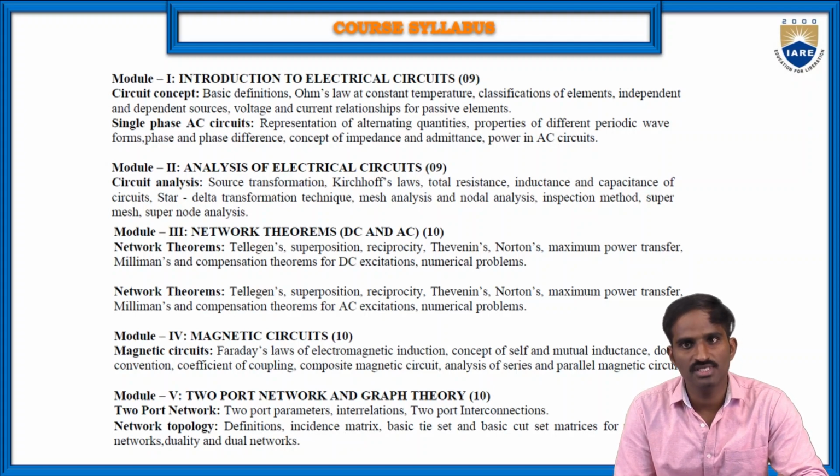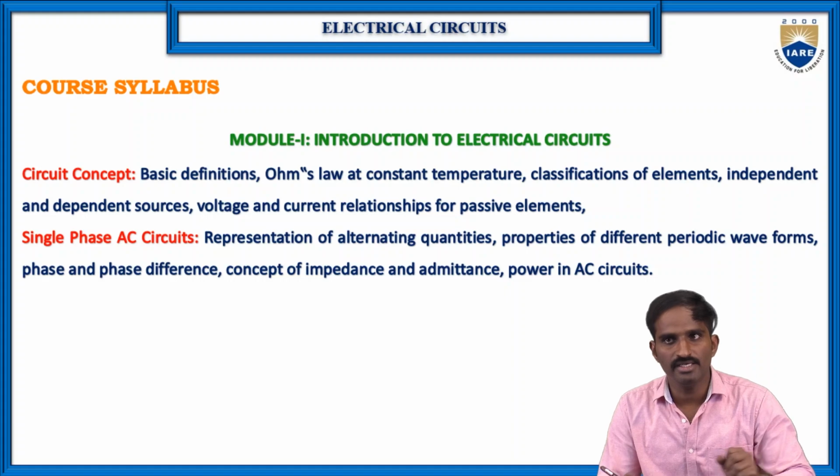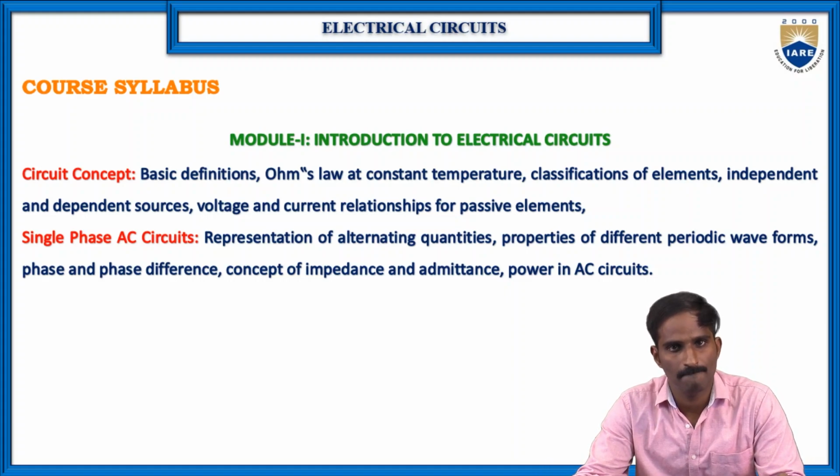And module 5 is two-port networks and graph theory. Two-port networks and graph theory are different topics, but we are going to learn both in module 5. First we will start with module 1, the introduction to electrical circuits.